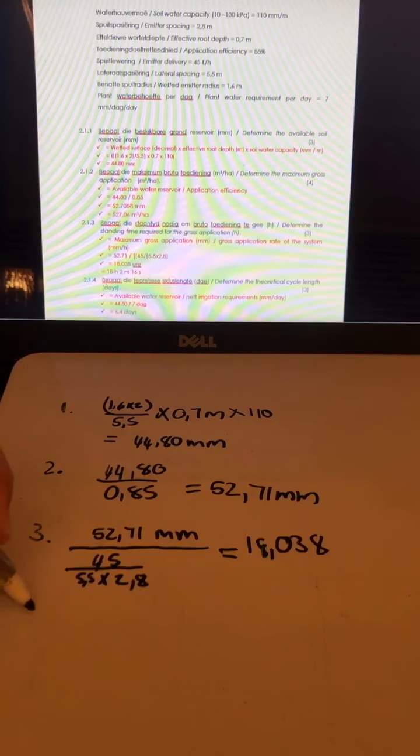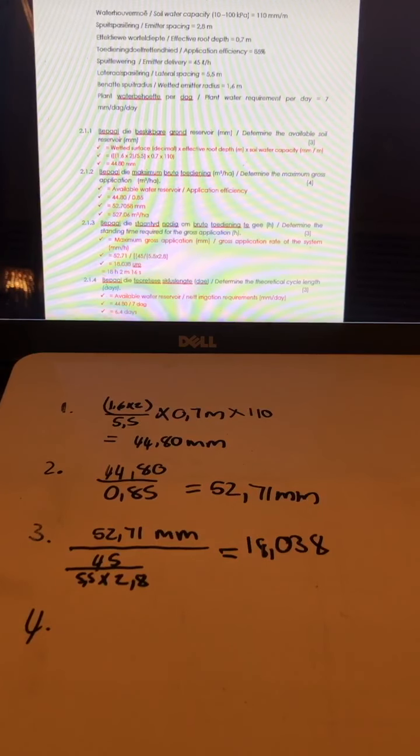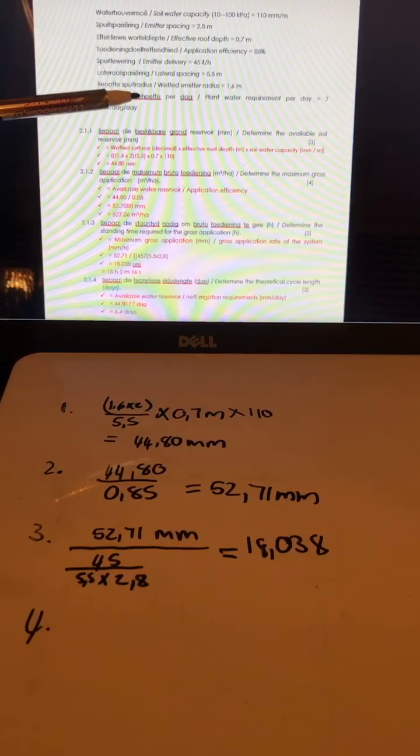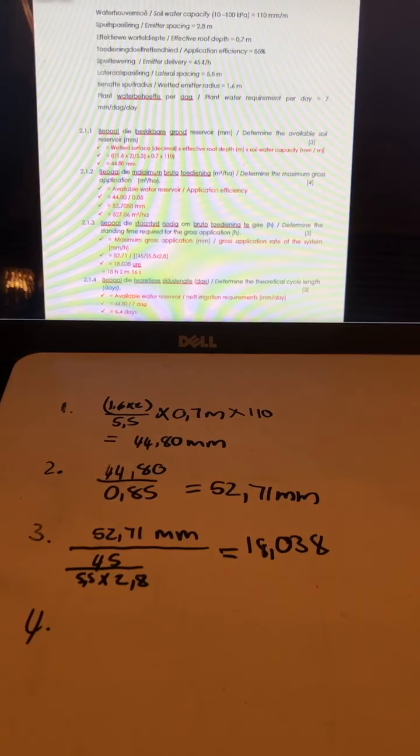The last one, number 4, is the theoretical cycle length. This is calculated using that last value, your plant water requirement per day, which says the water requirement is 7 millimeters per day.